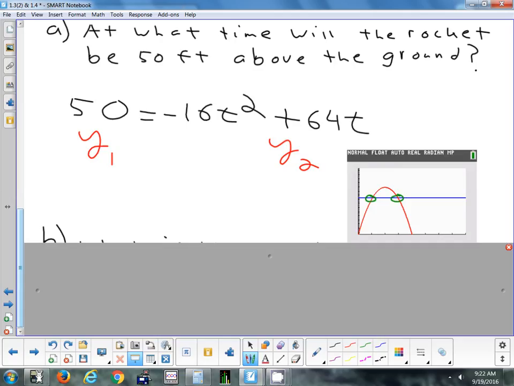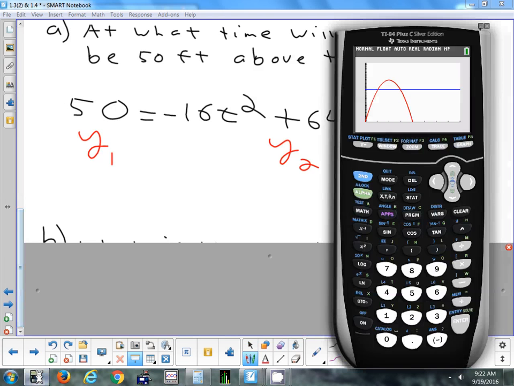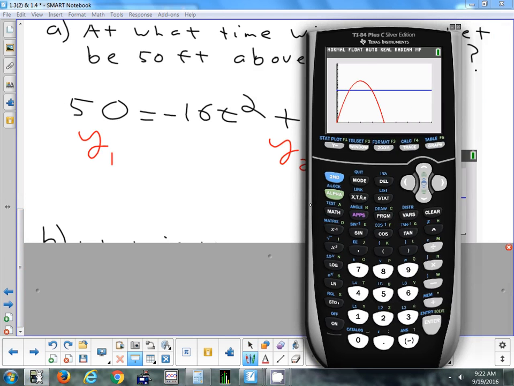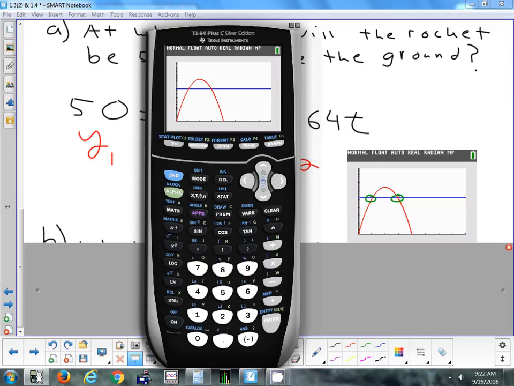I need to find those 2 points. Nick, do you remember how to find those? You use the second calc. Yeah, second calc. And I'm lost from there. All right, anyone help him from there? So we got a good start. Second calc.